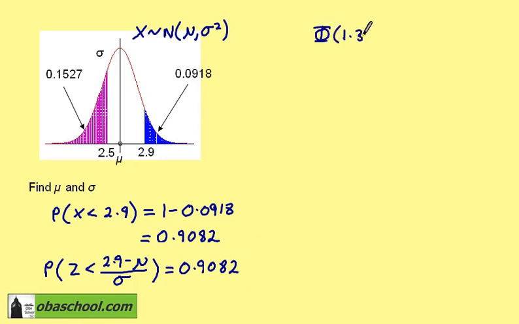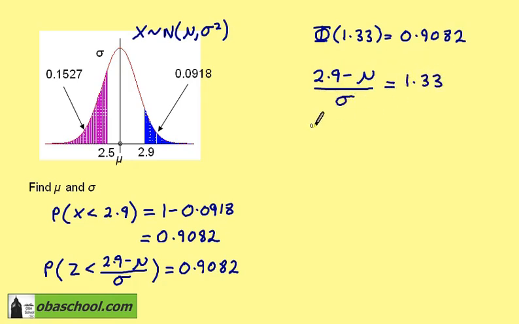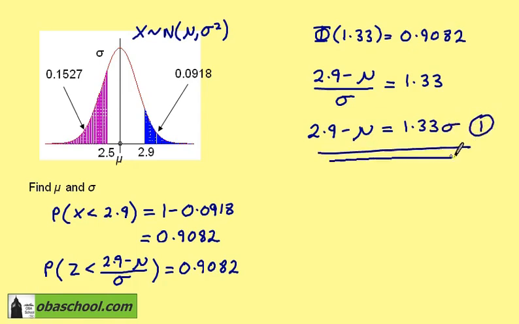If we do so, we find that phi of 1.33 is 0.9082. Comparing the last two lines, we know that 2.9 take away mu divided by sigma is 1.33, or 2.9 take away mu is 1.33 times sigma. Let's call this equation 1.